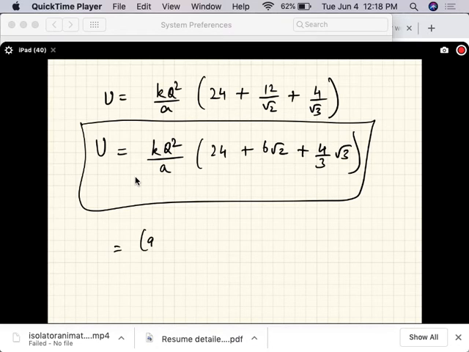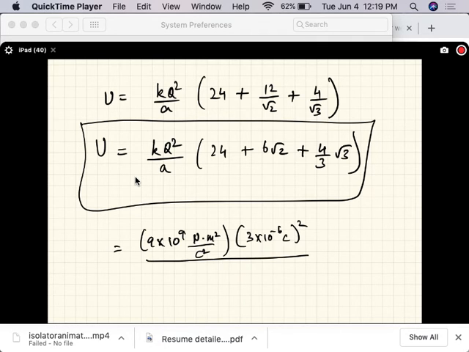So potential energy is 9 times 10 to the 9 newton meter square per coulomb square, times 3 microcoulombs squared, divided by A, which was 2 centimeters, that is 2 times 10 to the minus 2 meters, times this number, 24 plus 12 root 2 plus 4 root 3.